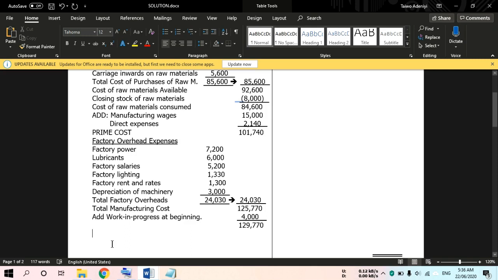Next is for us to less it, or better still, we can even remove this add, since we know that we are adding.